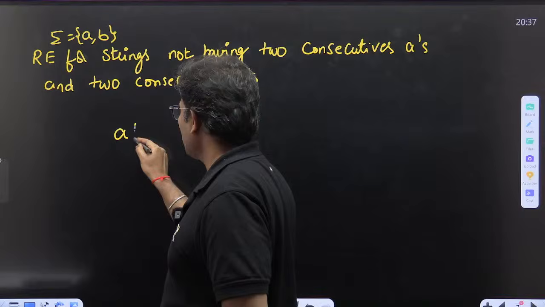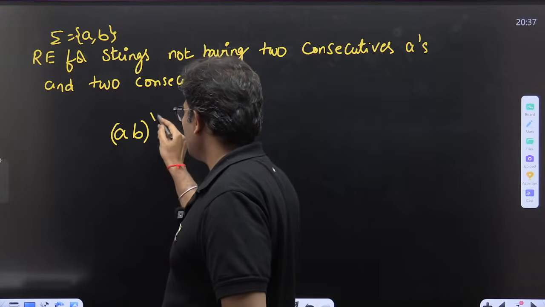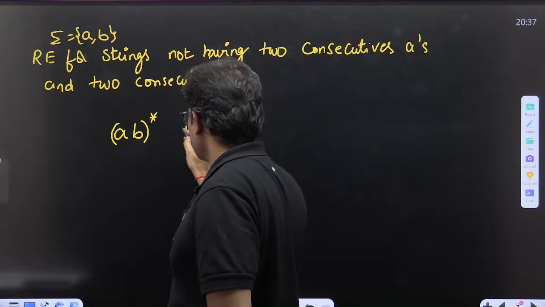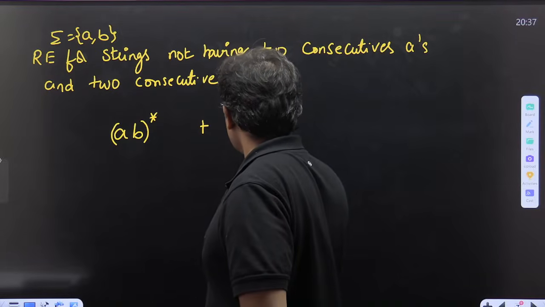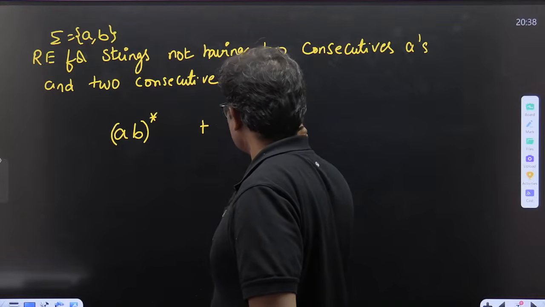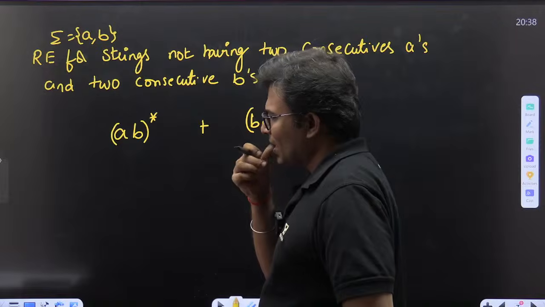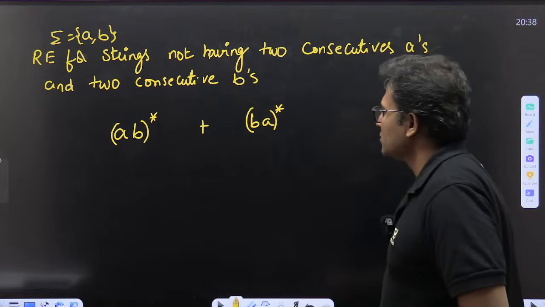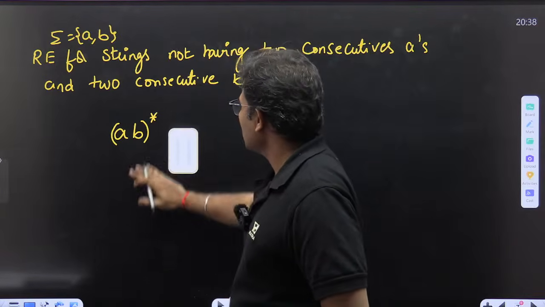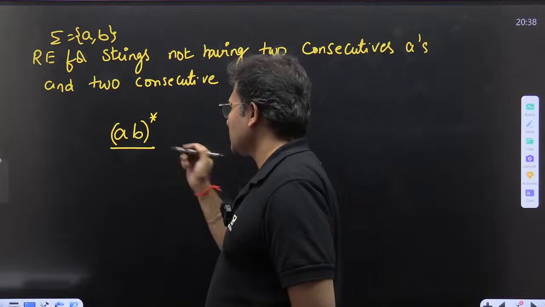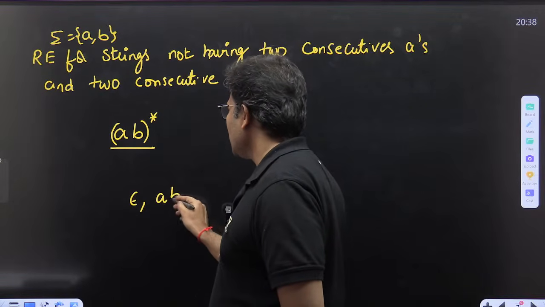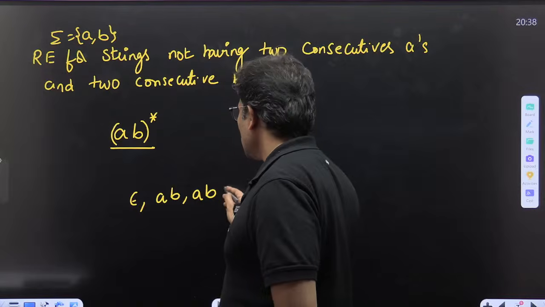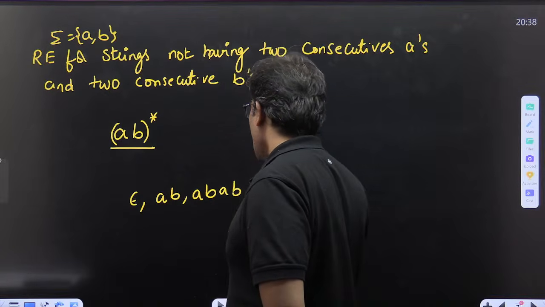So you have to have (AB)* or (BA)*, right? Let's say I have (AB)*. Now epsilon is in the language, AB is in the language, ABAB is in the language, and so on.